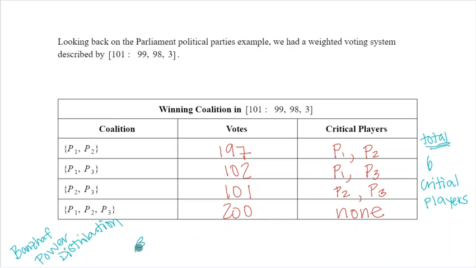So, the Banzhaf power index for player 1. How many times is player 1 a critical player? 2 out of 6, which is 1/3.